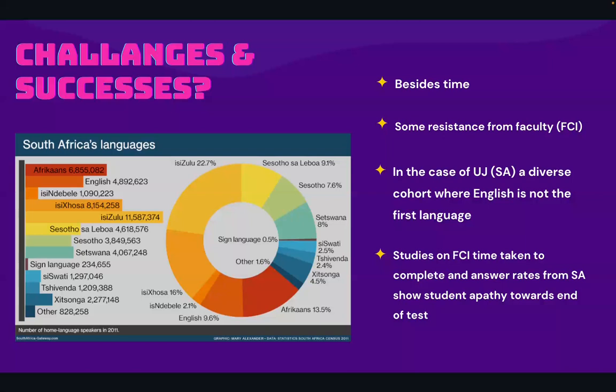And as we alluded to, in studies on the FCI the time taken to complete is not necessarily enough, and we see large unanswered questions towards the end of the test or student apathy. So because we're using an LMS, we're able to actually measure how long it takes students to complete the test, and that's some other interesting data that we have.